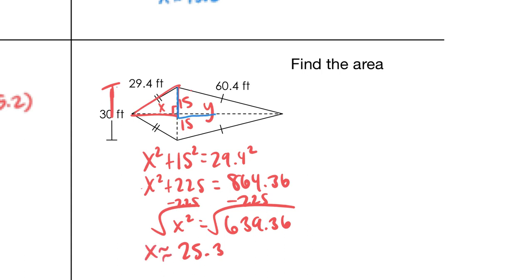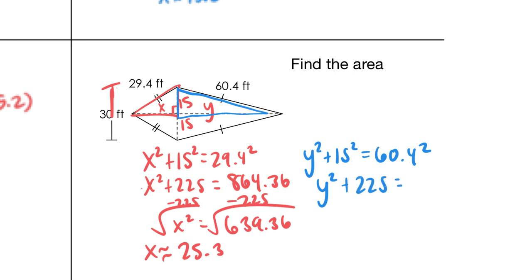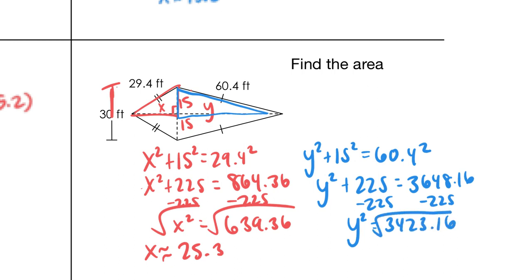I'm going to color this triangle blue. So do y squared plus 15 squared equals 60.4 squared. So you have y squared plus 225 equals... I'm getting about 58.5 for y.